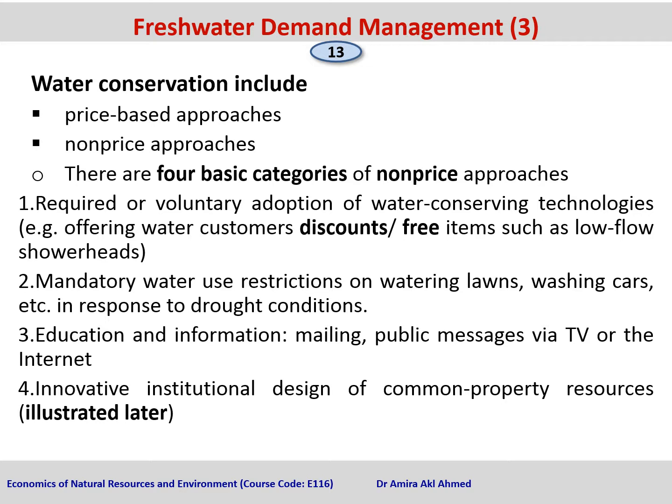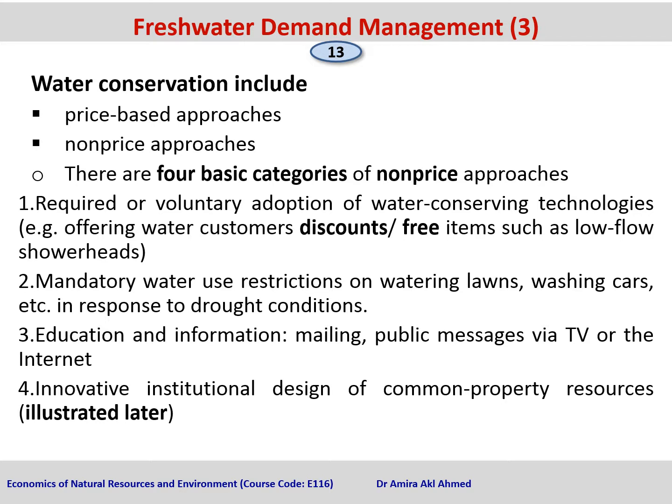Concerning mandatory restrictions on water use, these restrictions are often implemented in response to drought conditions. They are likely to include restrictions on watering lawns, washing cars, or filling swimming pools.